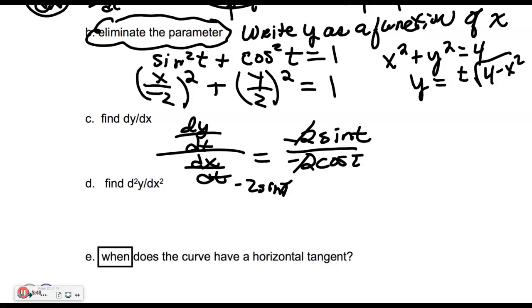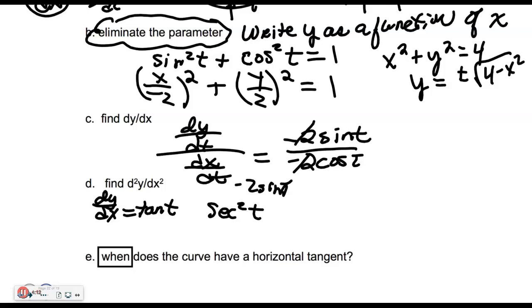Tangent of t. Yep. And then the second derivative is basically the derivative of your first derivative. So I'm going to write dy dx is equal to tangent of t. I take its derivative with respect to t, but I have to be a little bit careful because what did we say you need to divide it by?